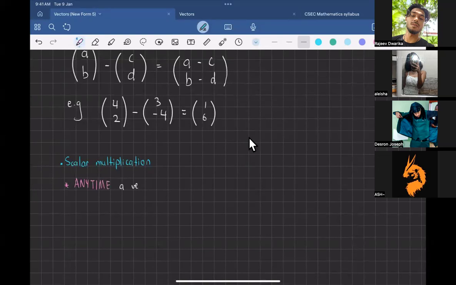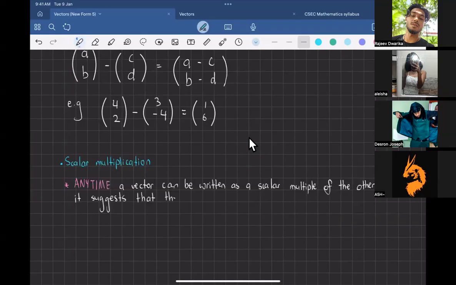Anytime a vector can be written as a scalar multiple of the other, it suggests that the vectors are collinear or parallel.